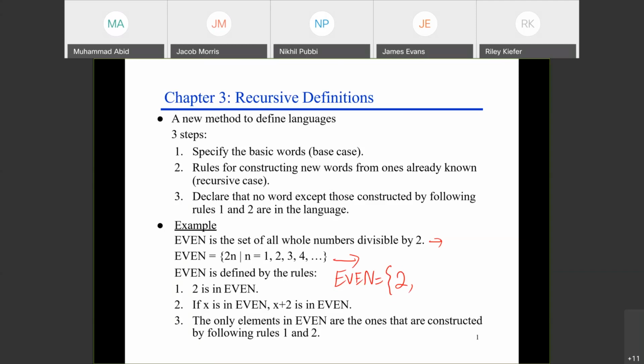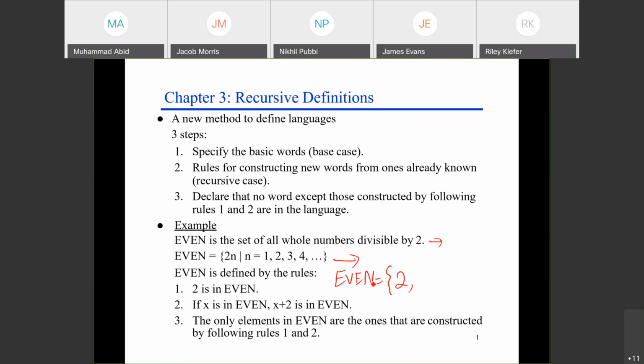Now I'm saying if x is in even, where x is a variable, it represents any existing number which you already generated, and this number is in your language. So now what should x be here?